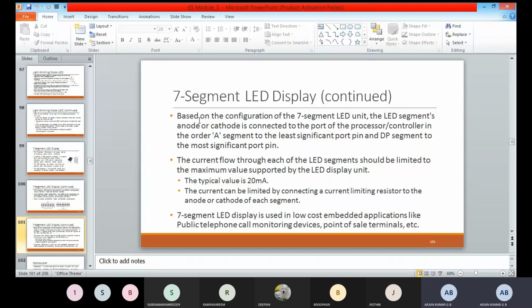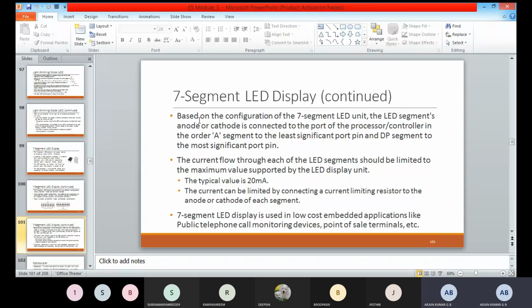In the processor, you should connect all the LED pins. A will be connected to the least significant port pin, and DP should be connected to the most significant port pin. Then the current flowing through each LED segment should be limited to the maximum value supported by the LED display unit.